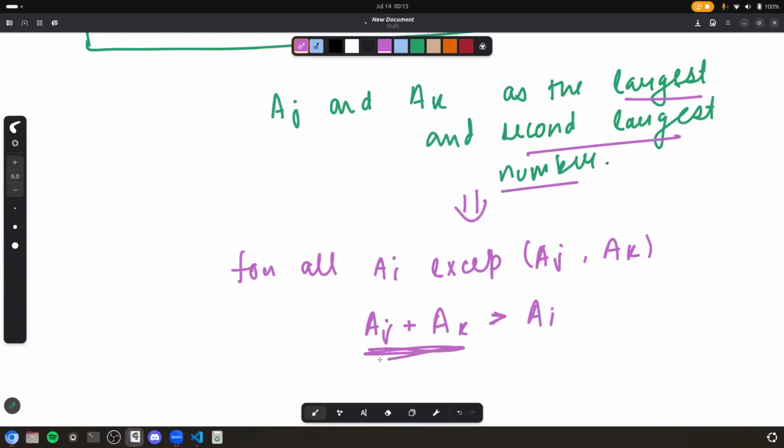Since these are the largest and second largest numbers, AI would be some smaller number than these. So we know that AJ plus AK would always be greater than AI.